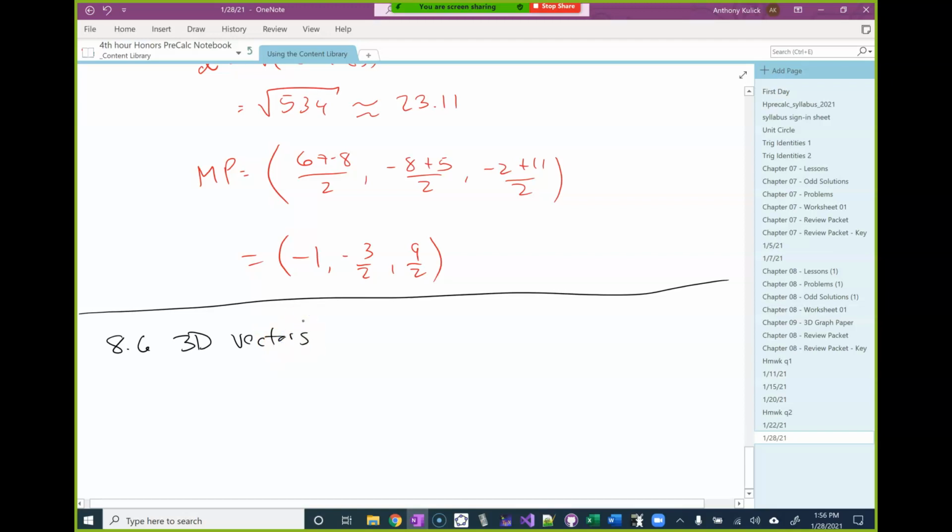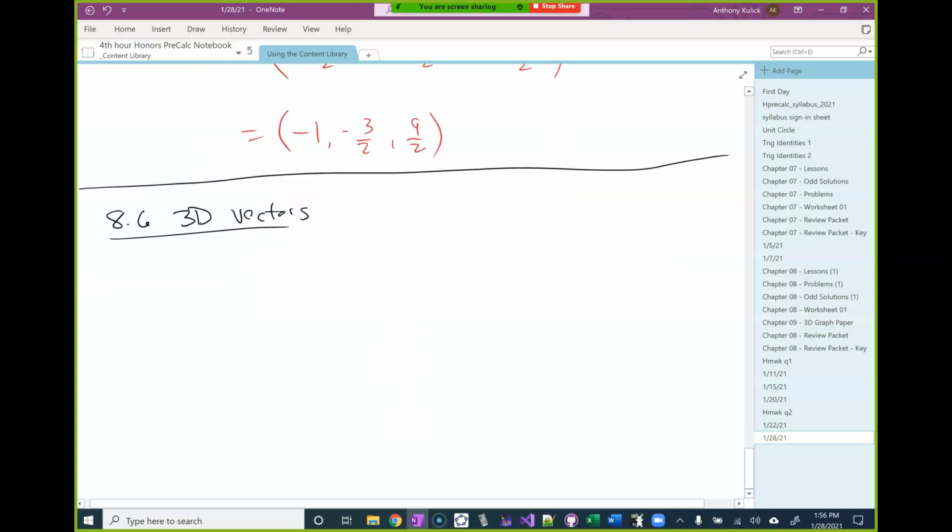So in section 8.6, we're going to talk about 3D vectors. So I'm just going to make like a little chart here.